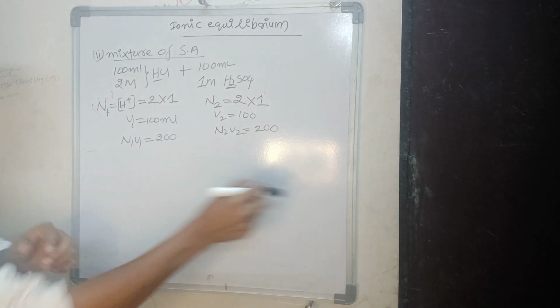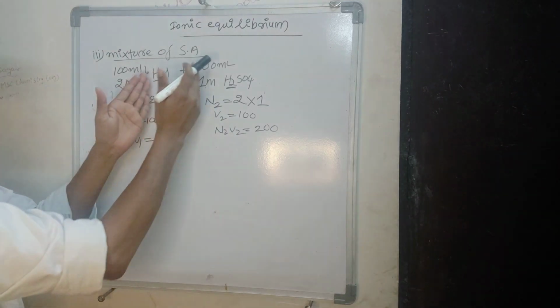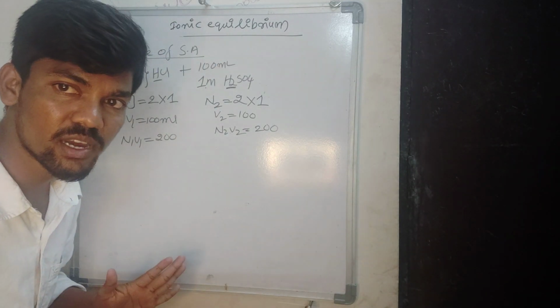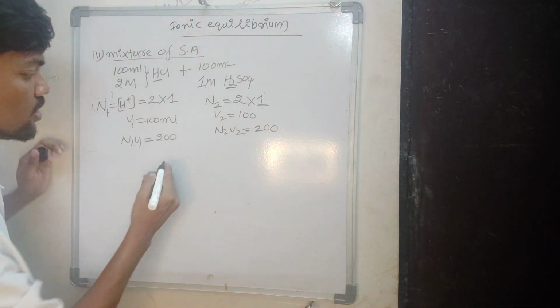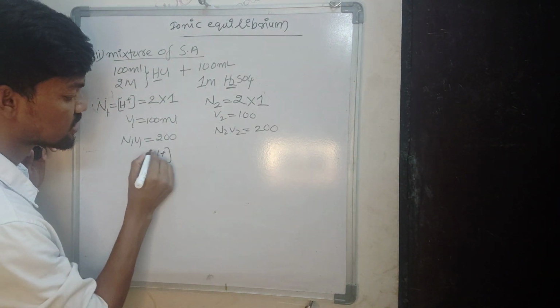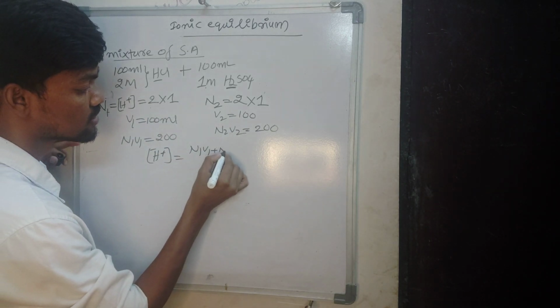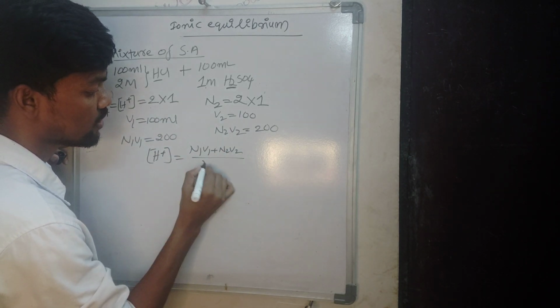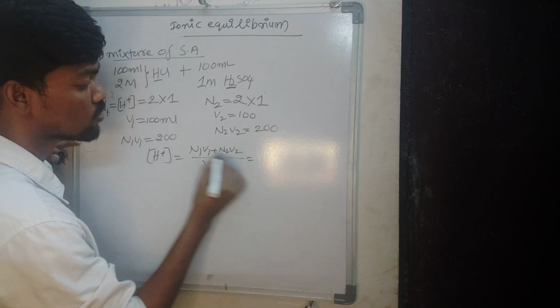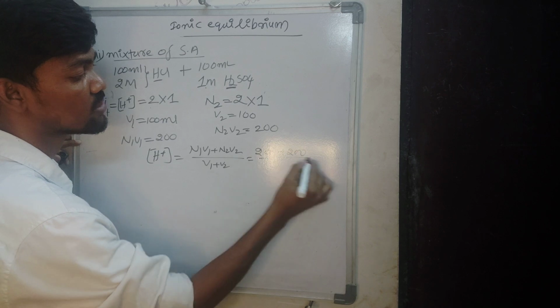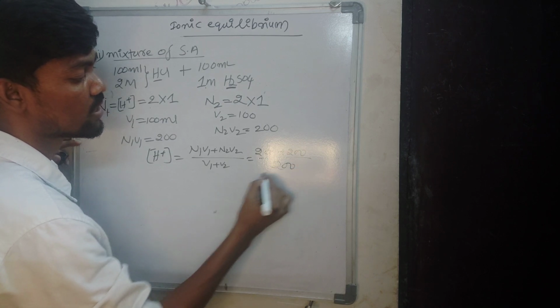So how can you find out the H plus concentration? Here all the acids are given, so we have to find the overall H plus concentration. So we have to add: N1 V1 plus N2 V2 by V1 plus V2. N1 V1 is 200 and N2 V2 is 200. Total V1 plus V2 is 200.